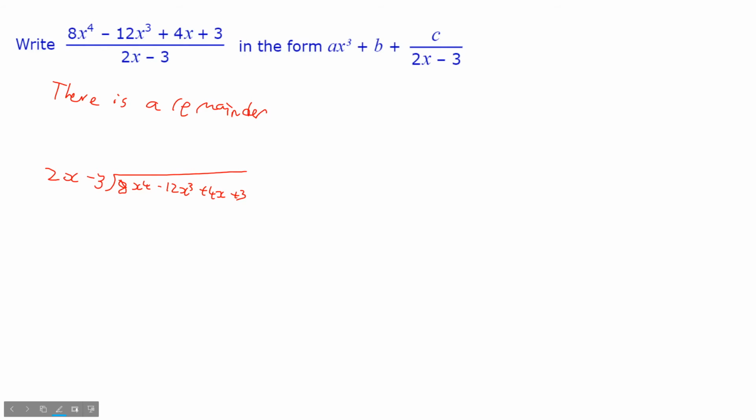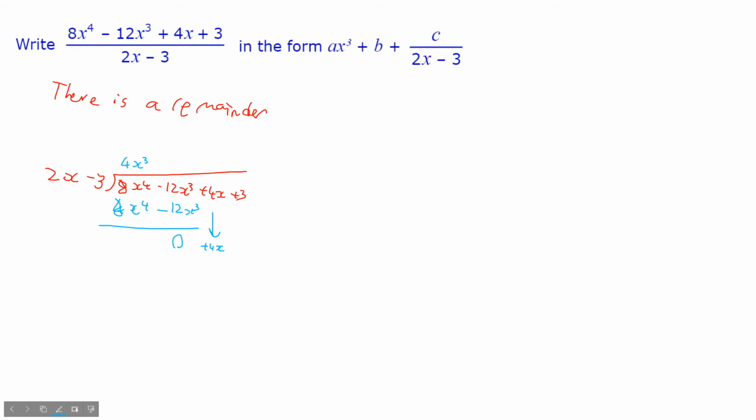How many times does 2x go into 8x^4? 8 divided by 2, it's just going to be 4x^3. So let's multiply 4x^3 by each of these. This will be 8x^4 - 12x^3. So what we're left with is 0. Put down the plus 4x.